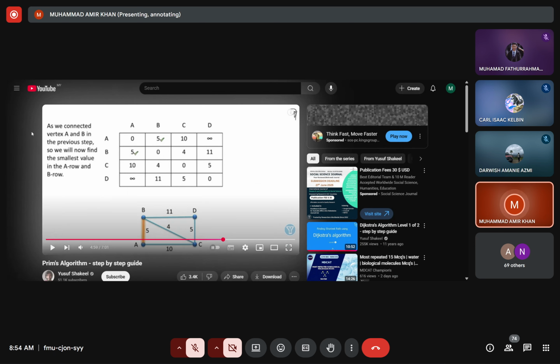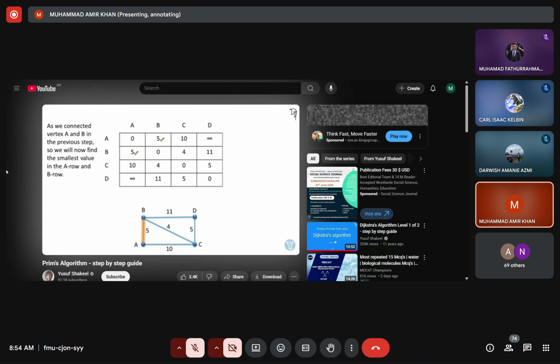As we connected vertices A and B in the previous step, we'll now find the smallest value in row A and row B. We will look at both rows and find the smallest value.